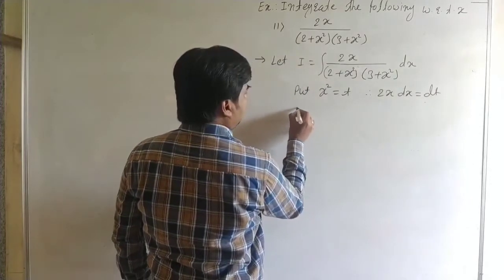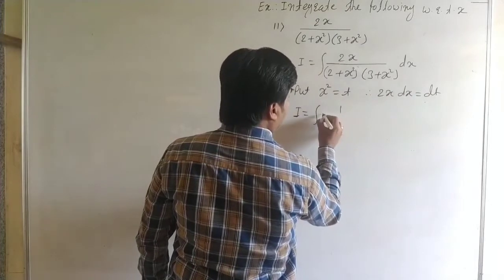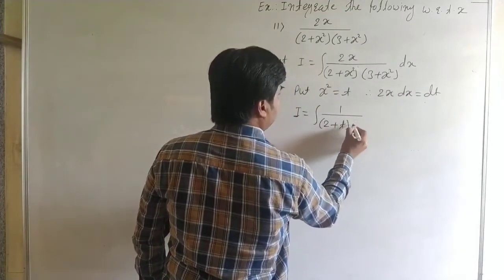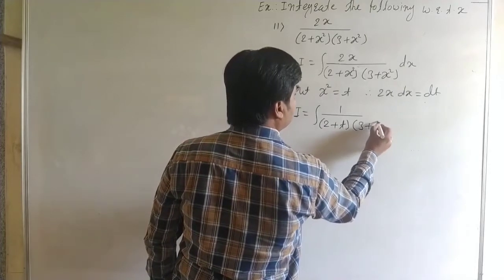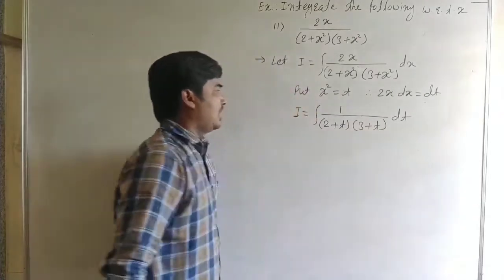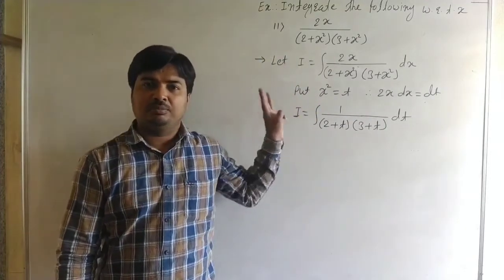Now the integral becomes the integral of 1 upon (2 plus t) into (3 plus t) dt. Again, this integral can be solved by using three methods.